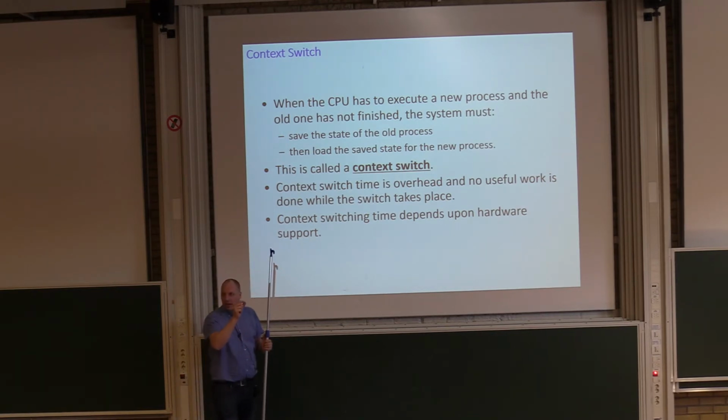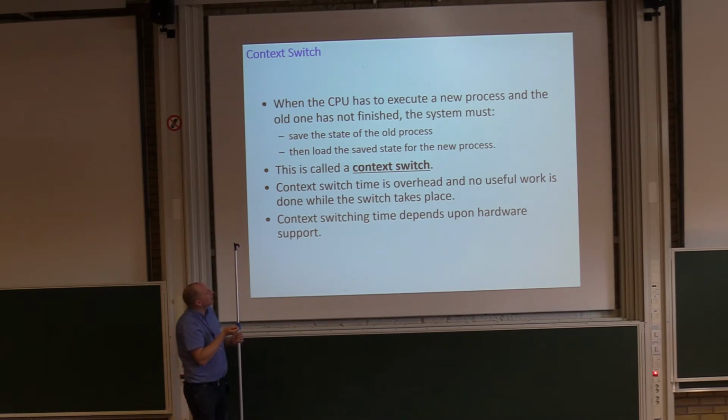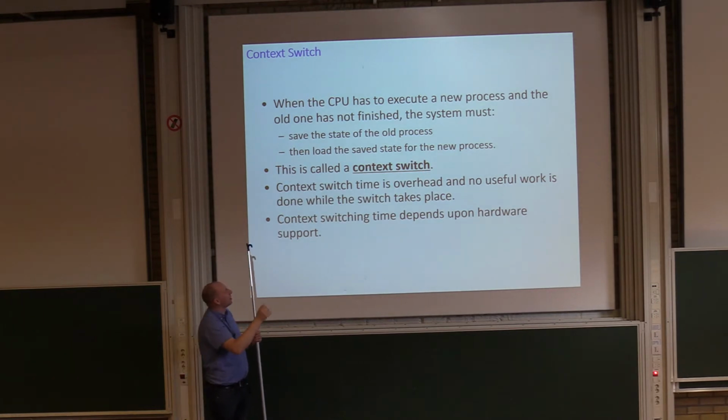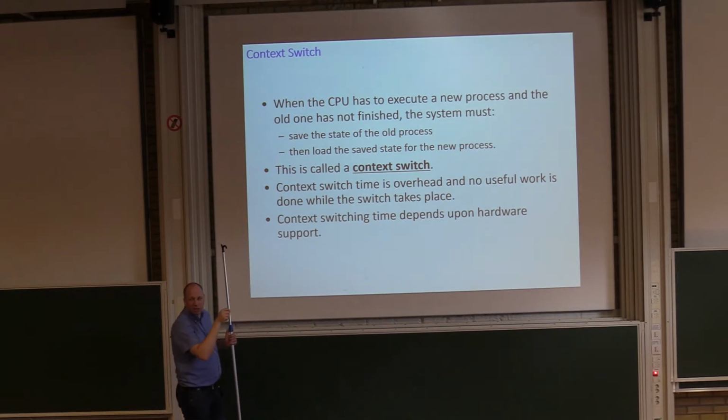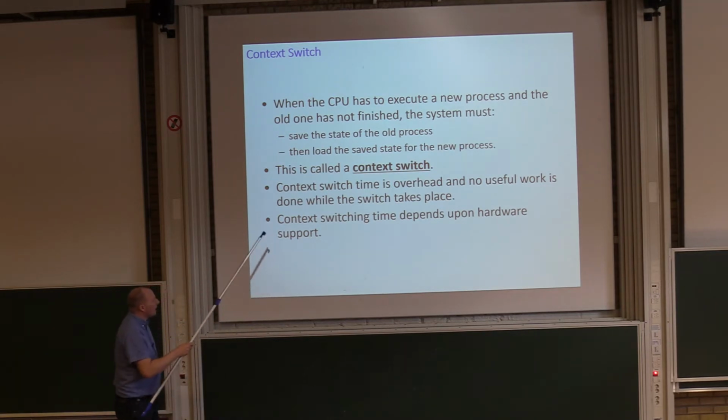We also need to save the value of all the registers in the processor, so we store them in the main memory instead. Then we bring in the state of the new process. We read the values of the registers from the last time that process was executing, and we set the program counter to the address of the instruction where we were last executing. And this whole process is called the context switch.